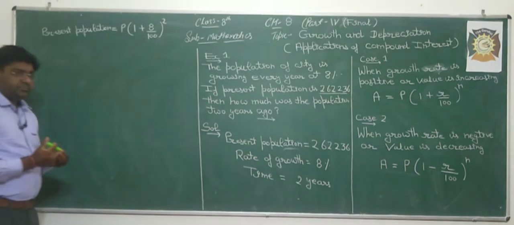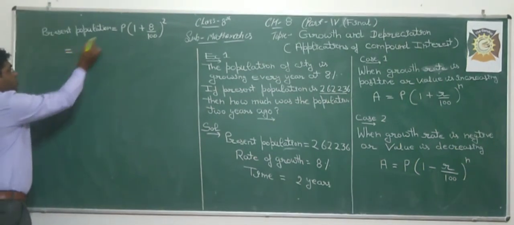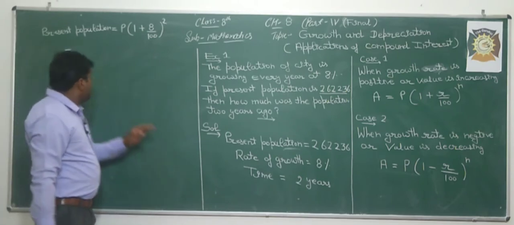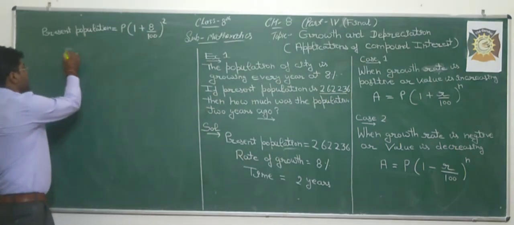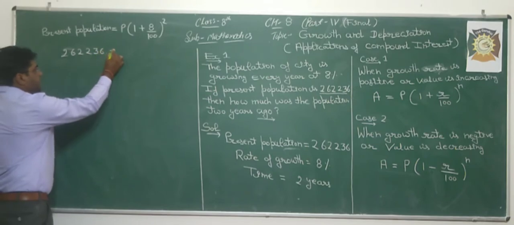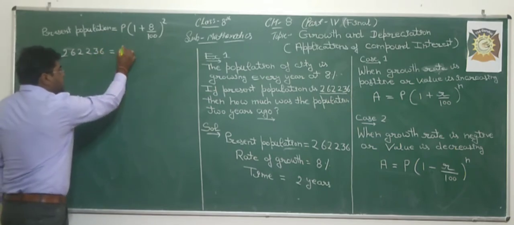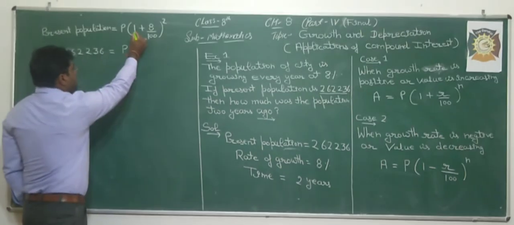Then how do we simplify? Just putting in the values. The present population is given, so we can write 2,62,236, and this is P, the population before 2 years. Here we can simplify this.